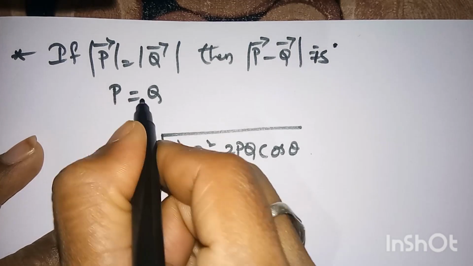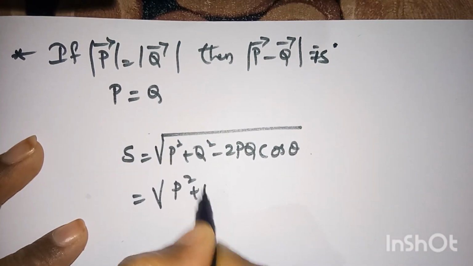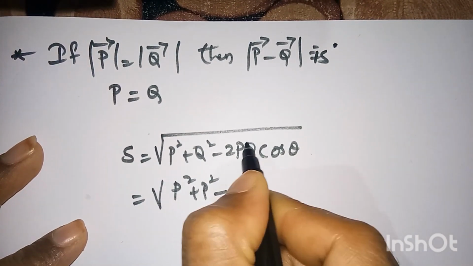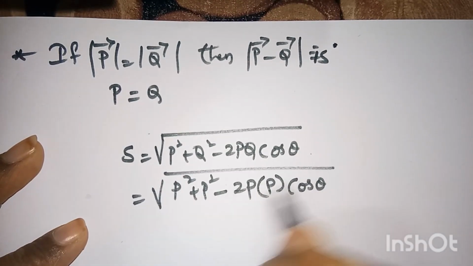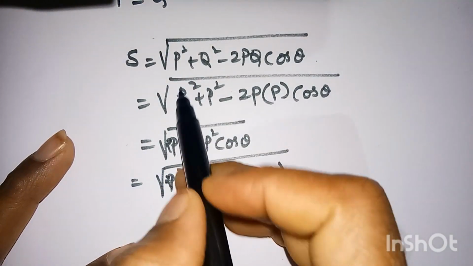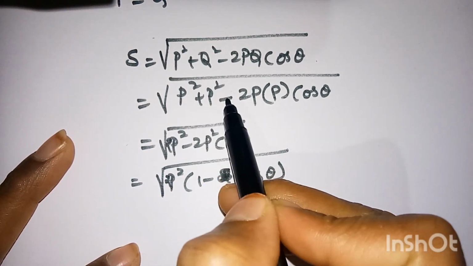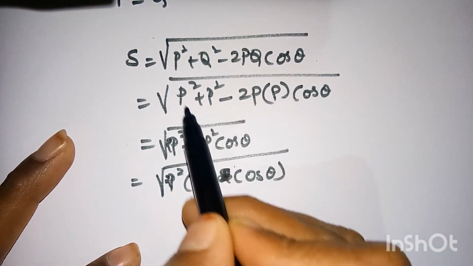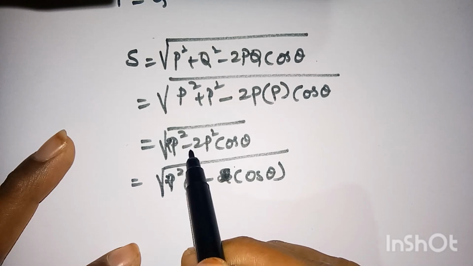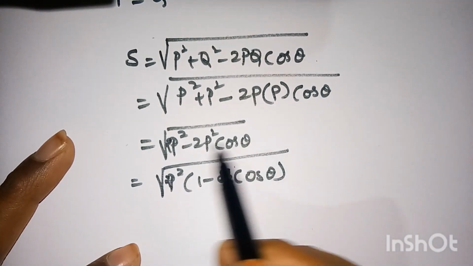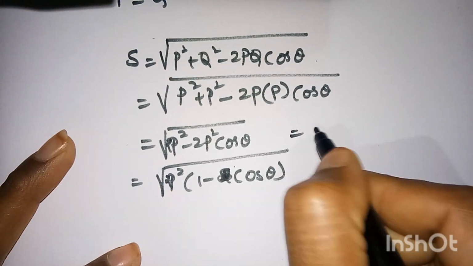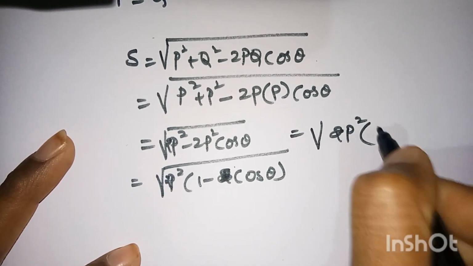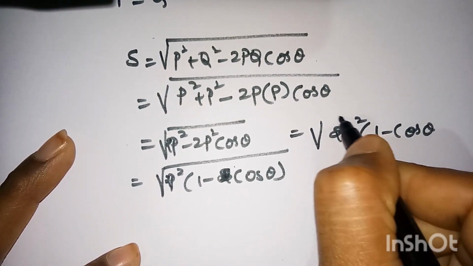So in place of q you substitute p: p square plus p square minus 2p into p cos theta. P square plus p square is 2p square minus 2p square cos theta. Make 2p square common, and what do you get? 2p square common means 1 minus cos theta.